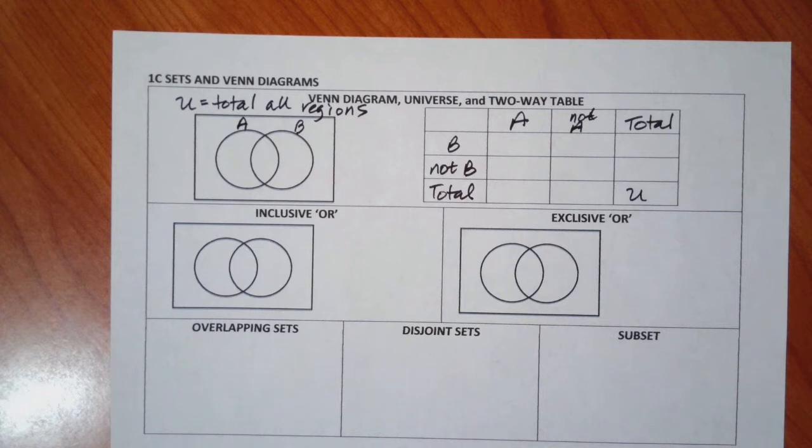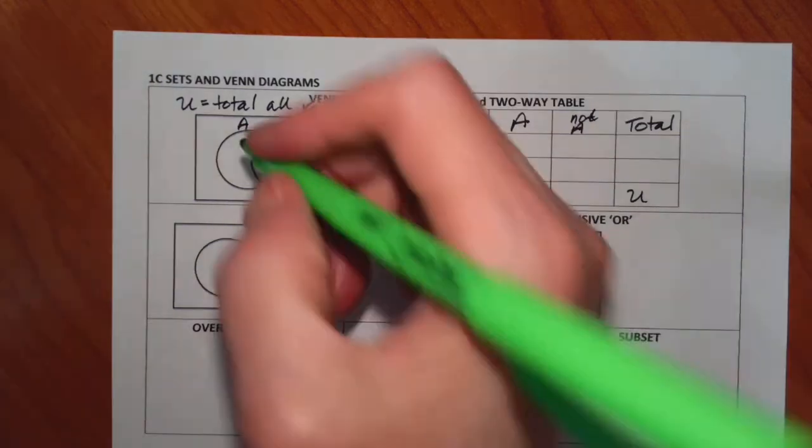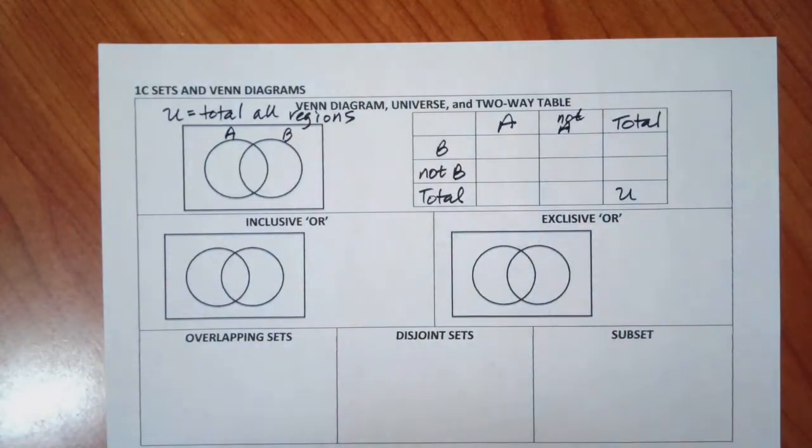So let's go back and do this the way we did it in our notes. I'm not going to put the R1, R2, and R3 because those are arbitrary.